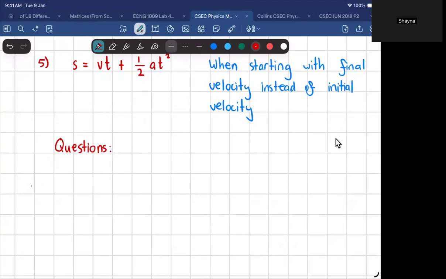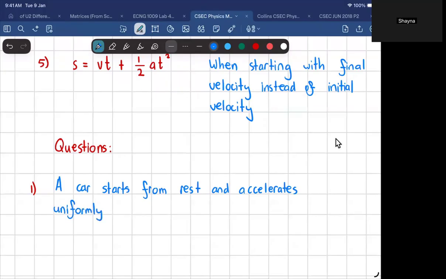Great. Question one. A car starts from rest and accelerates uniformly at 2 meters per second squared for 8 seconds.